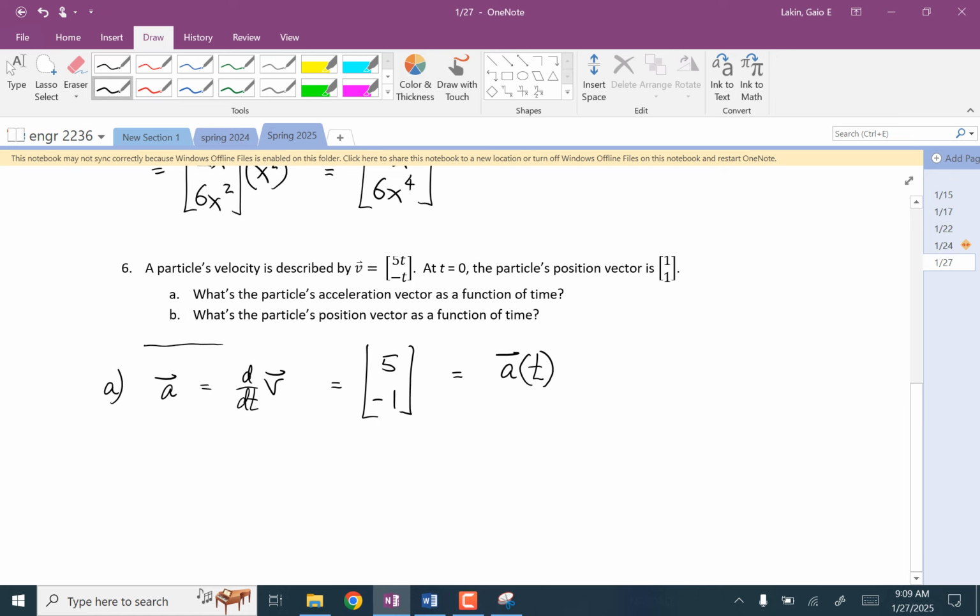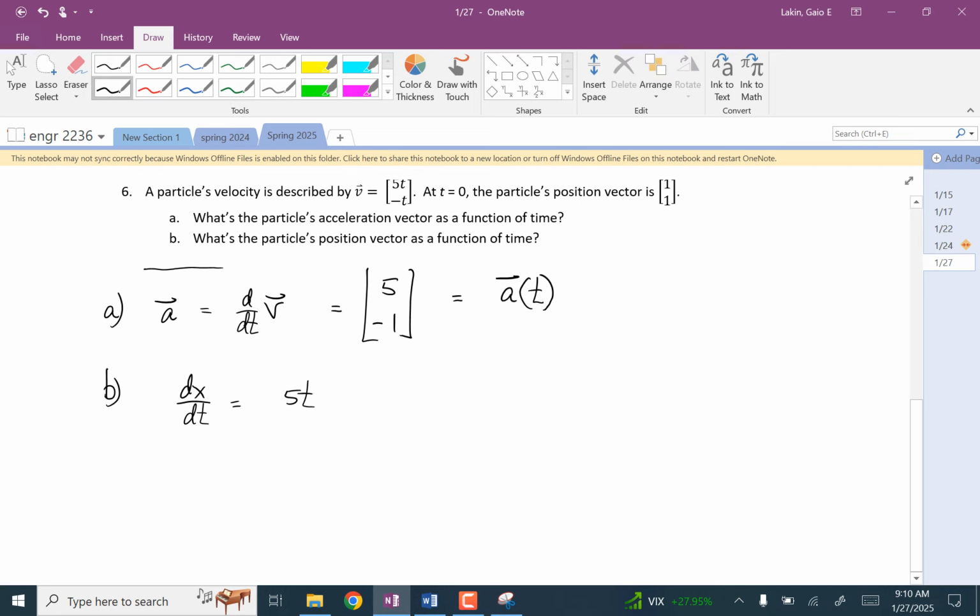And now for B, this is the slightly more complicated direction. So we're trying to find the position, and I'm going to rewrite the velocity by the definition: dx/dt is equal to 5t, and dy/dt is equal to -t.